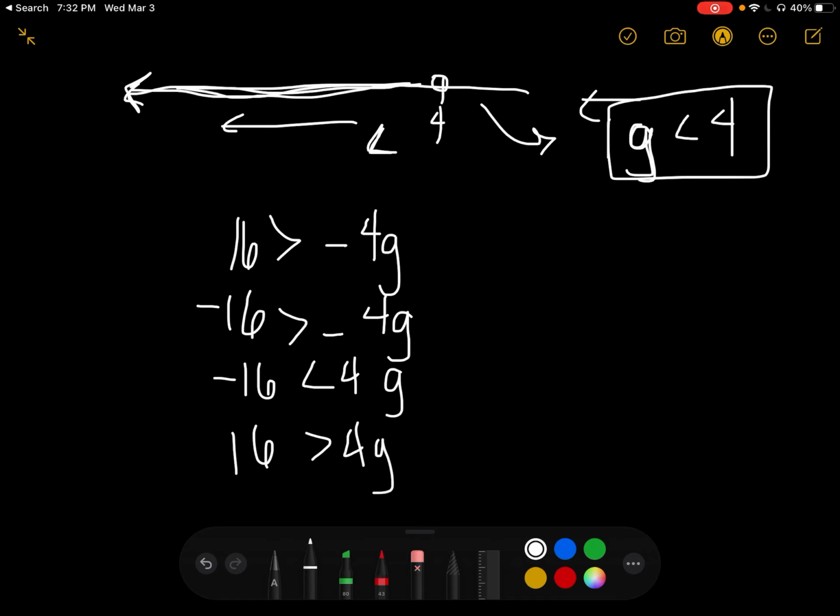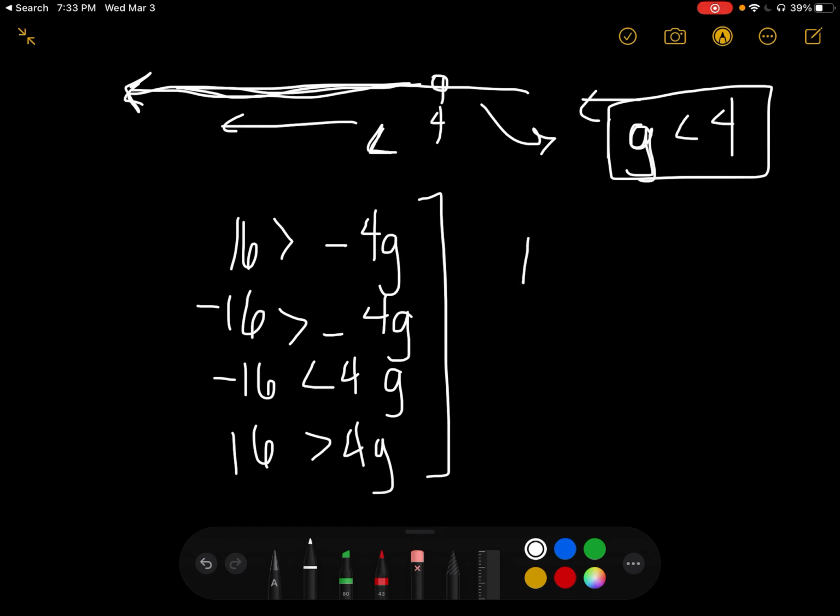And then you're going to look at these equations here. You can only choose one, right? You're going to solve for g. Remember I told you before, act like this is an equal sign. What would you do to solve that? But remember, when you divide or multiply by a negative number, the sign changes.